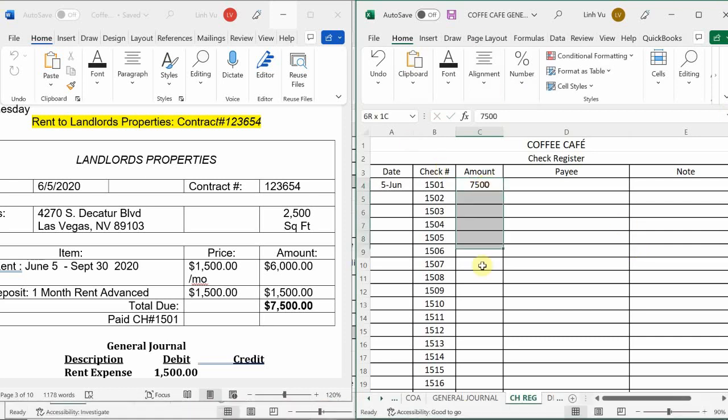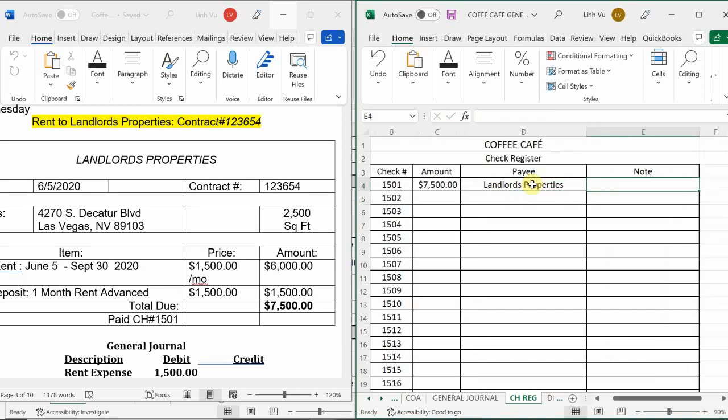Now, who did I write this check out to? Landlord's properties. So let's go ahead and type that in there. Landlord's properties. Okay. Why did I write this check out to landlord properties? If you have a means to write a note, go for it.